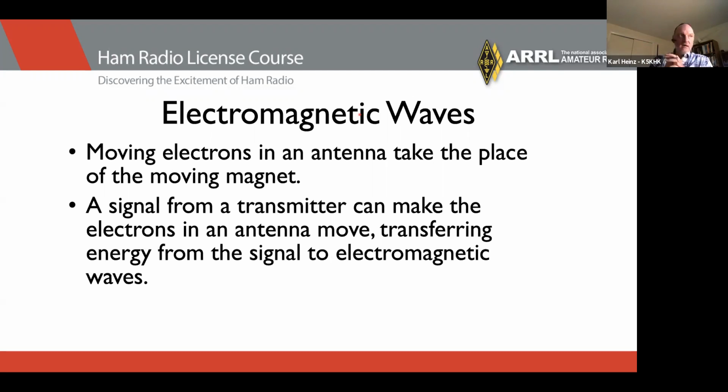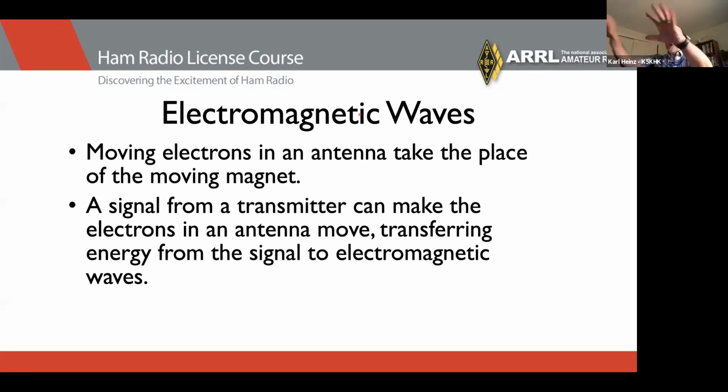Here's a little bit more about what actually happens. So I said electricity can be converted into magnetism and the other way around. When we have electrons moving in our antenna, when we try to transmit, we're pumping electricity into that antenna. And that then creates this electromagnetic wave that spreads out from the antenna and then has a life on its own.